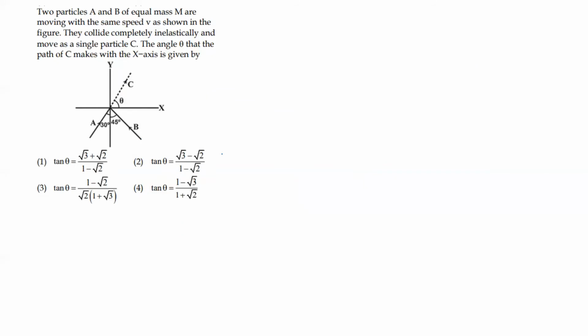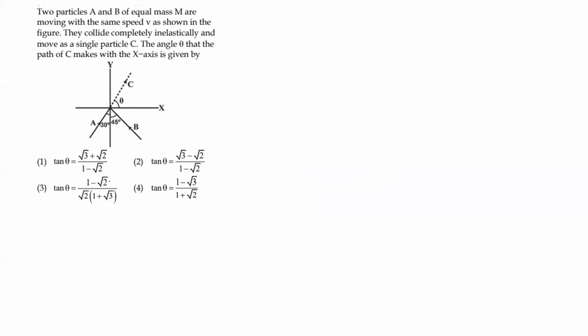Next, two particles A and B of equal mass M are moving with the same speed V as shown in the figure. They collide completely inelastically and move as a single particle C. Find the angle theta that the path of C makes with the x-axis. So follow the law of conservation of linear momentum.